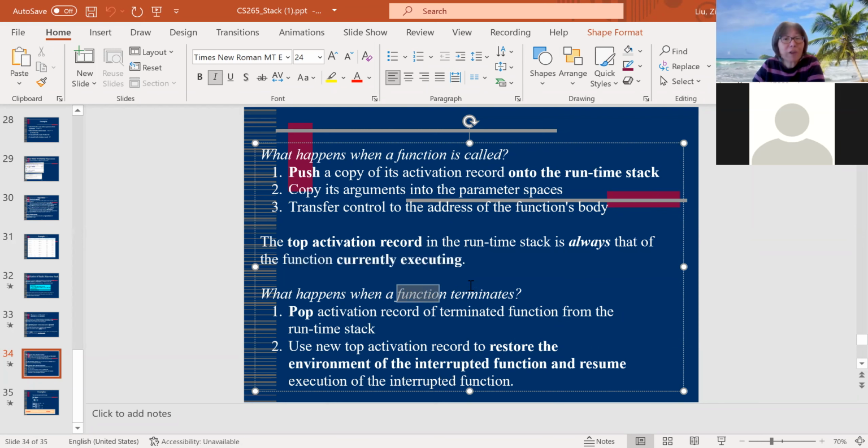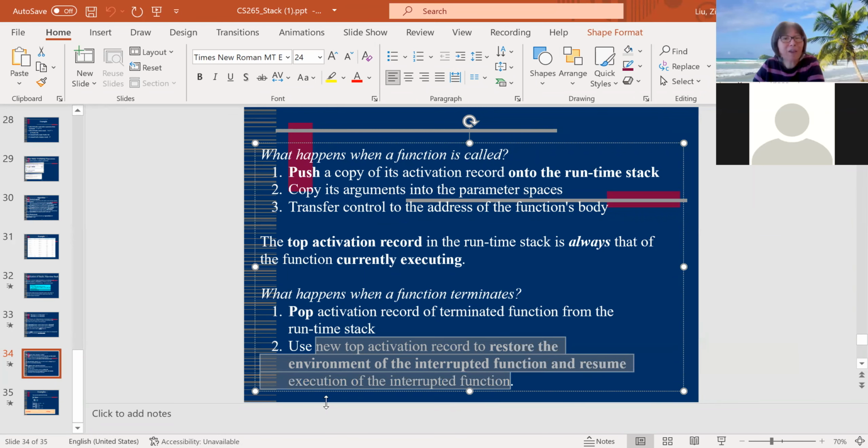When a function terminates, its activation record is removed from the runtime stack. Then the new top activation record restores the environment of the interrupted method and resumes the execution of the interrupted function. Okay, so that's how the operating system handles it and keeps track of all of the states.